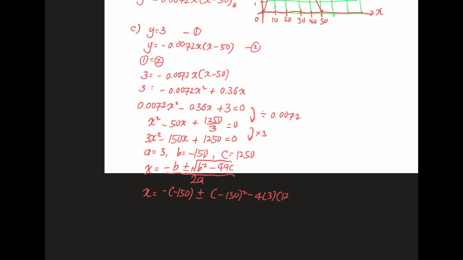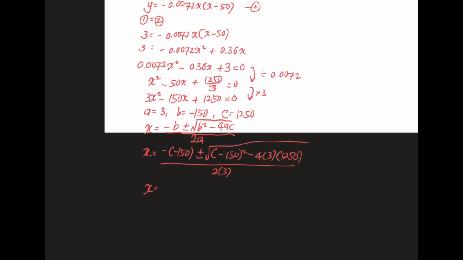Minus negative 150 plus minus square root of negative 150 squared minus 4ac, over 2 times 3. Okay, then 150 plus minus square root 7,500. So I have to work out everything in the square root.